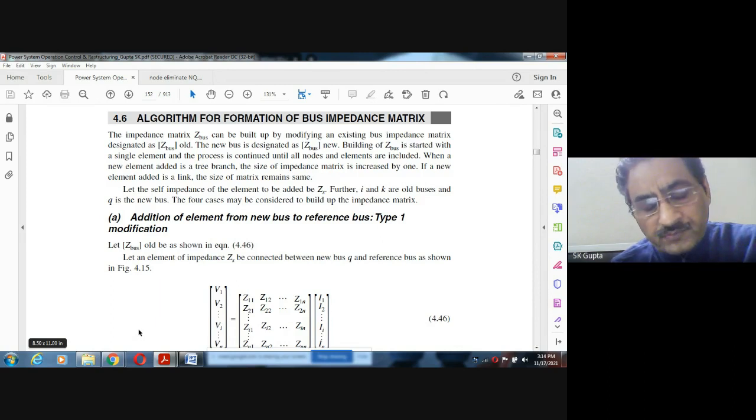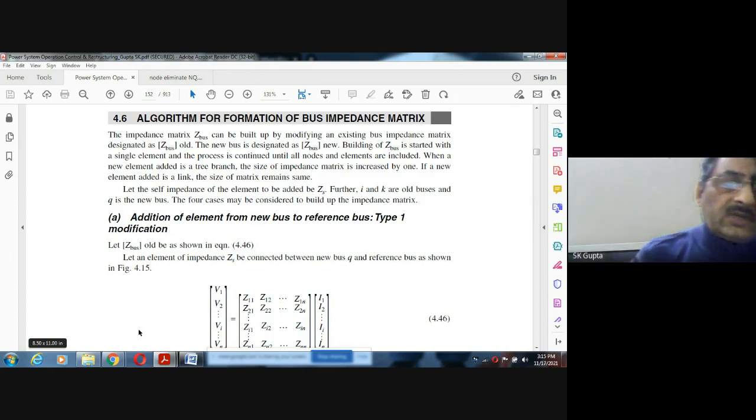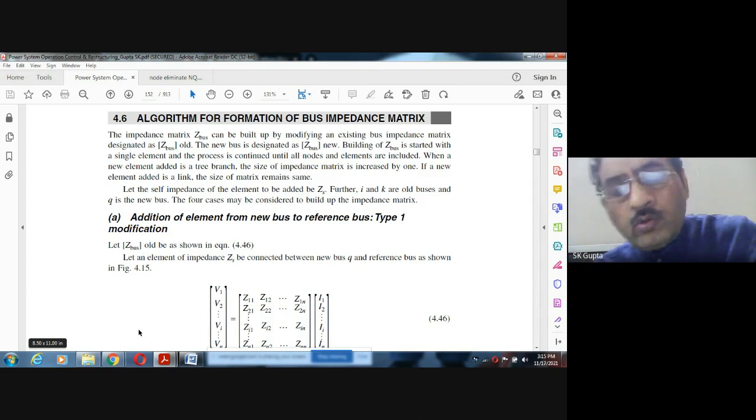Then we will take the first transmission line, second transmission line, third transmission line, and we know that the size of the Z bus depends upon the number of buses, so a transmission line may be connected from one bus to another bus. While we take a transmission line, first of all we can say there can be a new bus, means a transmission line may be connected from a bus that first of all will be called a new bus to the reference bus.